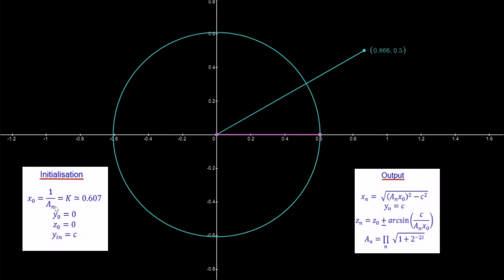So that's the initialization. Whenever we've finished the actual rotation, then we're going to have the outputs that we have here. So let me just quickly work through that rotation.